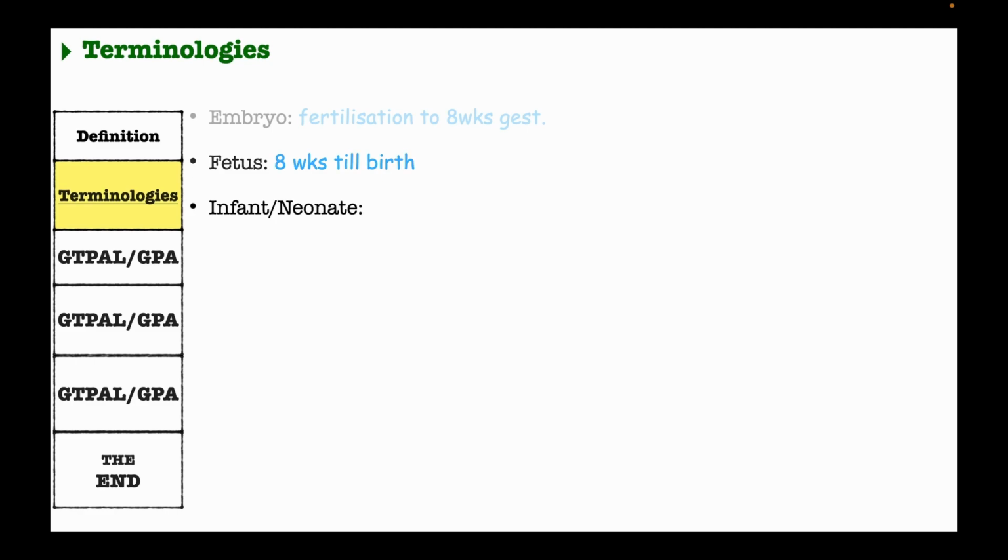Then we have the infant and the neonate. Between the time of birth and 1 year is called an infant. Now, the neonate is an infant from birth until the first 28 days of life. And so we may have an early neonatal period and a late neonatal period.